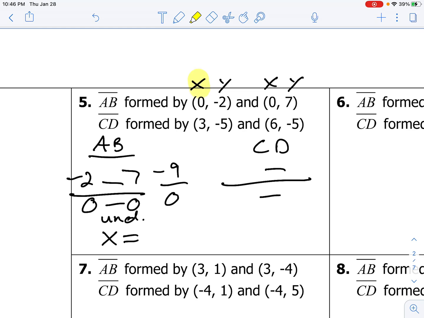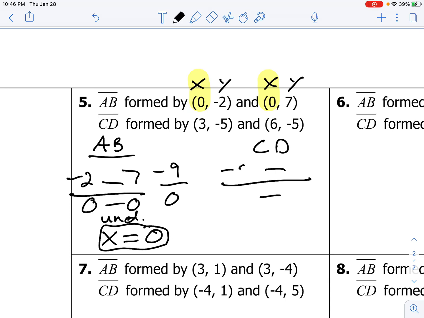Both of your x's are 0, so x equals 0. So that's my first equation. With an undefined slope, the equation is x equals 0, all right? So now, we go to the next one.